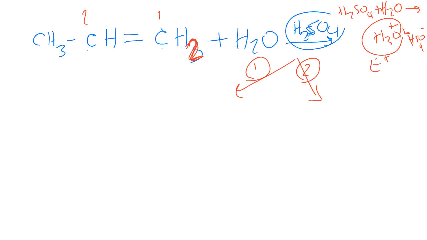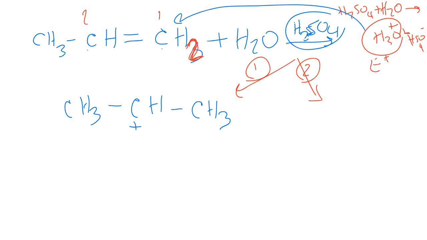So if H plus is added to carbon 1, what would be the intermediate? The intermediate is going to be CH3, because the other carbon would take the plus charge, right? Plus charge and CH2. If H plus attaches to carbon 2, we are going to get CH3, CH2, and CH2 plus.